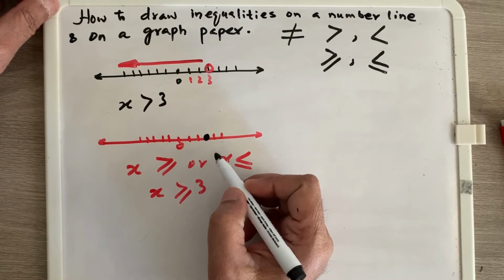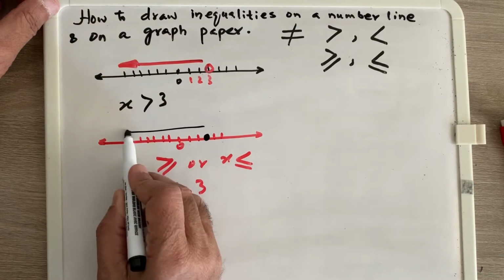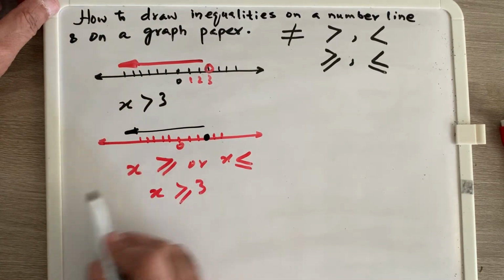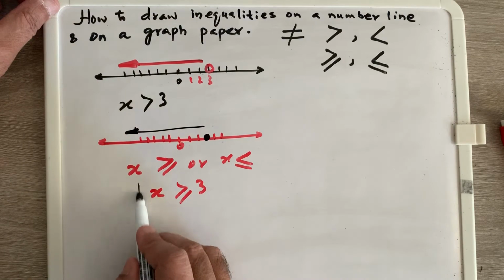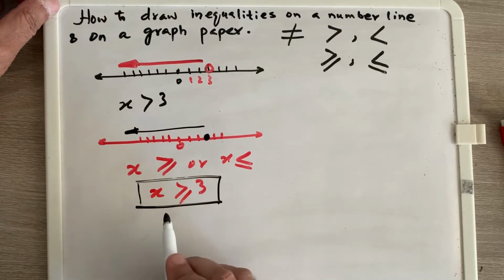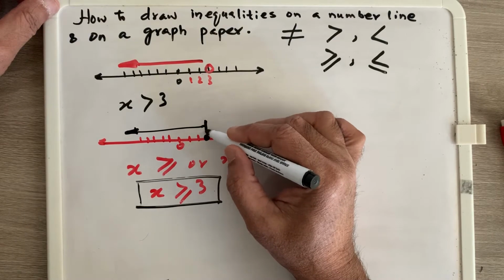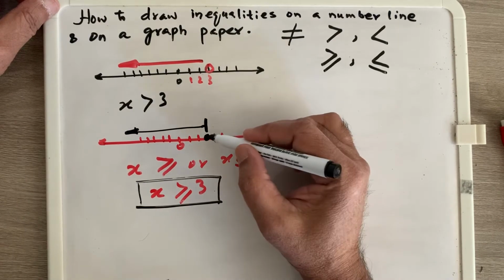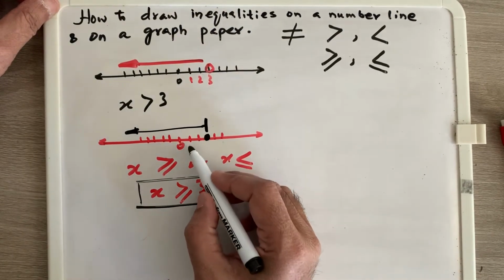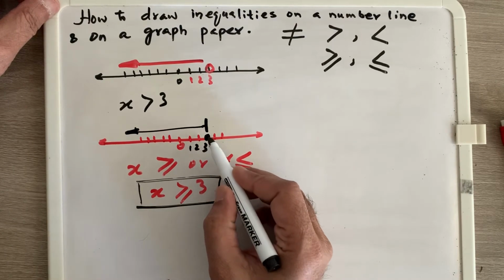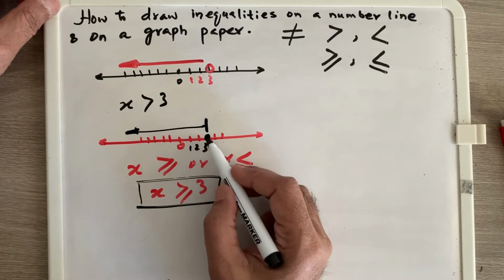So we learned two things. On the number line, this inequality, x is greater than or equal to 3, means we have to include 3. When I put a solid dot, that means 3 is included.